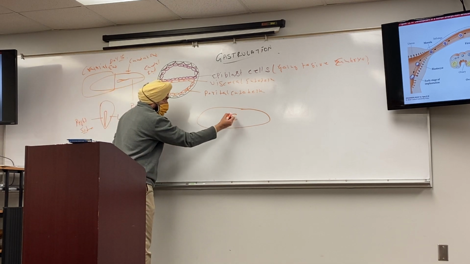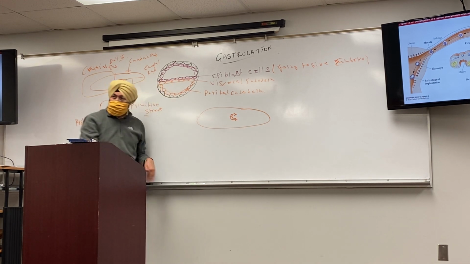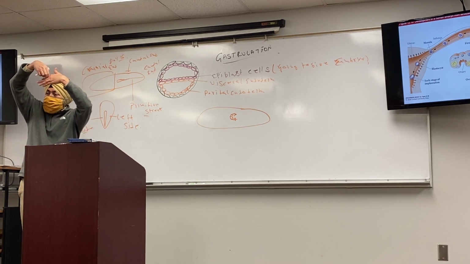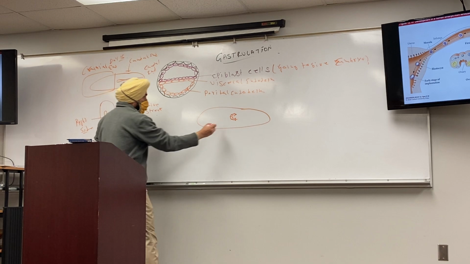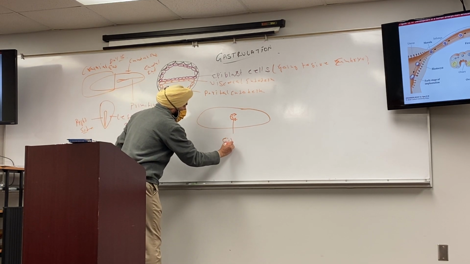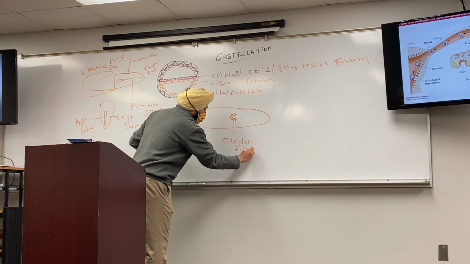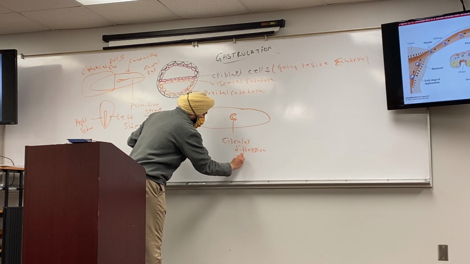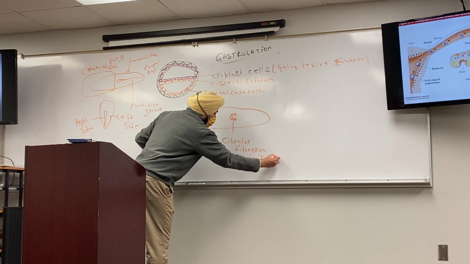The depression means that cells from here start moving in. And they form a depression. So cells have started moving in. That's what gastrulation is, right? And this circular depression is formed. And this depression is called the primitive pit.